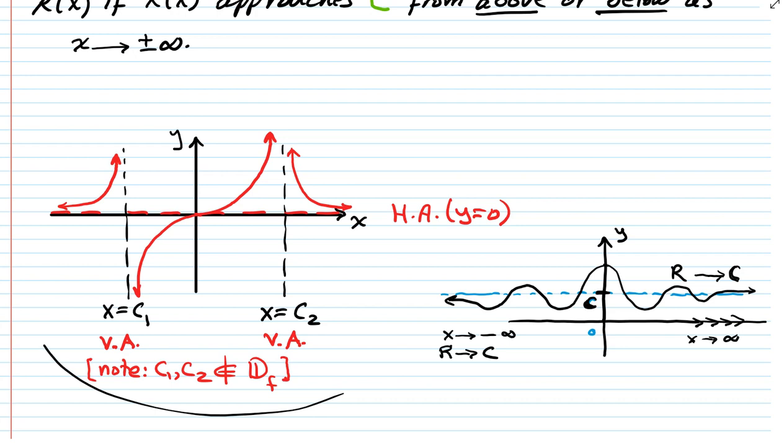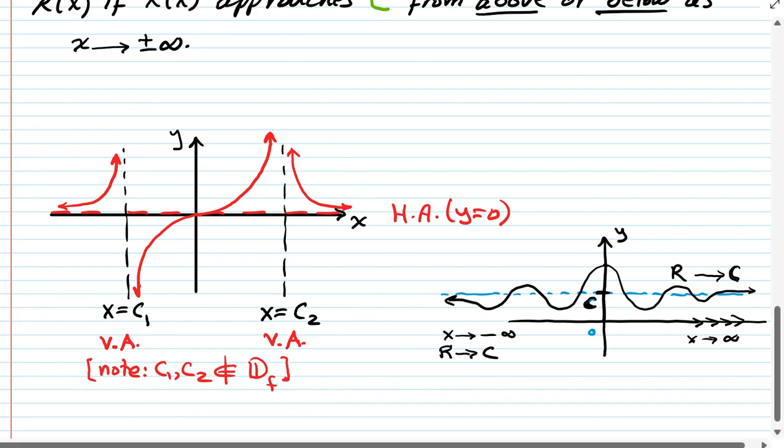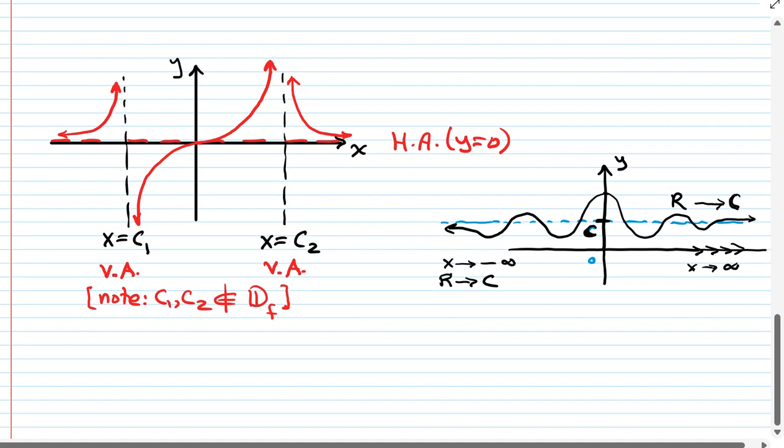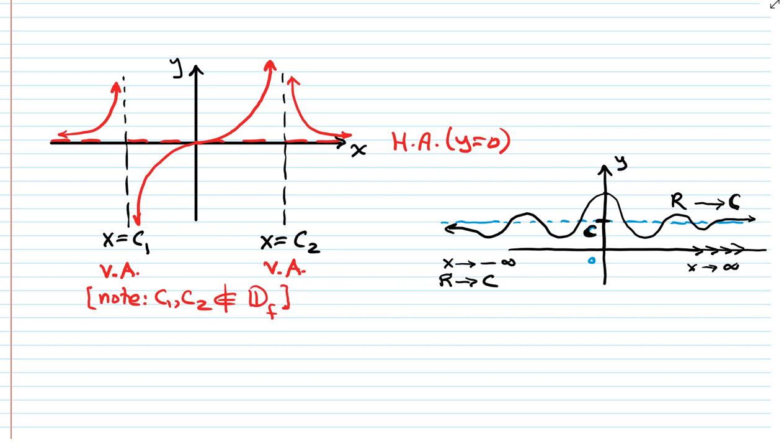Now, this one, the one I made up, kind of has both of them. It has both horizontal and vertical asymptotes. The horizontal asymptote, first of all, is y equals 0, meaning the x-axis. As you can see, as x goes to negative infinity, the function is approaching it, right?